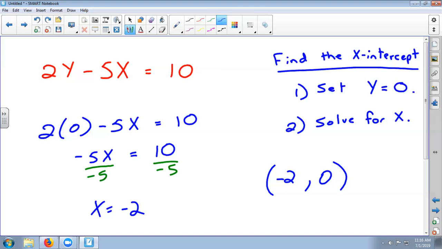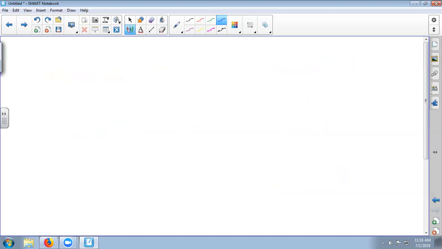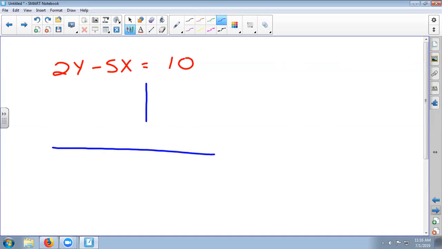Y-intercept. 2y minus 5x equals 10. For the y-intercept, across the y-axis, no matter where across the y-axis, it really does not matter.